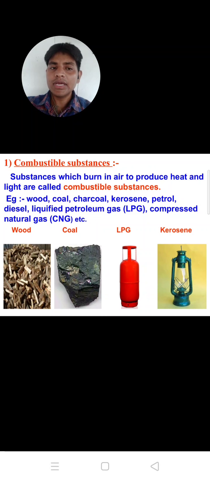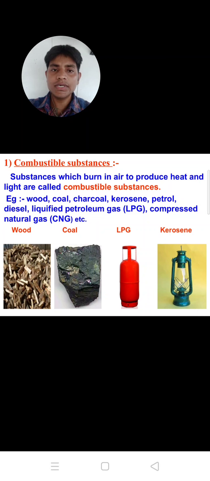And the chemical reaction which takes place with the release of heat and light energy is called combustion. That means combustible substances which burn in air to produce heat and light are called combustible substances.